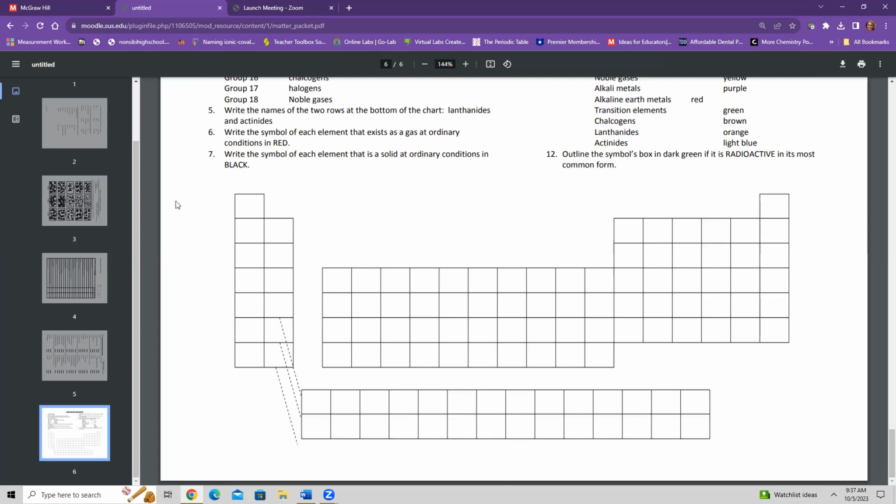So we're going to number the groups first. To do that, we're going to go across and number them twice. The first one's just 1 through 18, so it's easy. You guys can do that yourselves on yours.